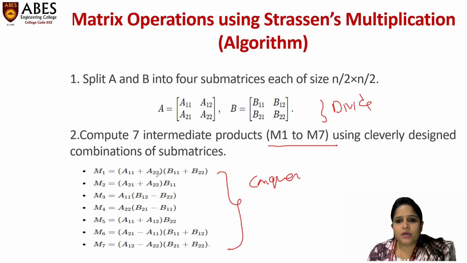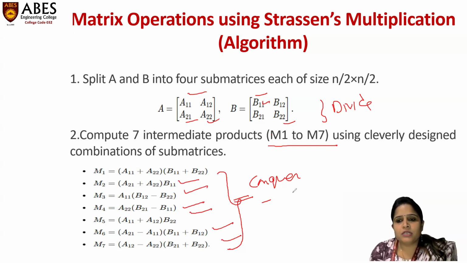So in that case, Strassen uses some algebraic equations. Strassen first computes the value of M1 using A11 plus A22 into B11 plus B22. Then we compute M2, A21 plus A22 multiplied by B11. Similarly, we will compute M3, M4, M5, M6, M7. So this is the conquer step. First we divide the n by n size problem into n by 2, and then we compute 7 intermediate products.